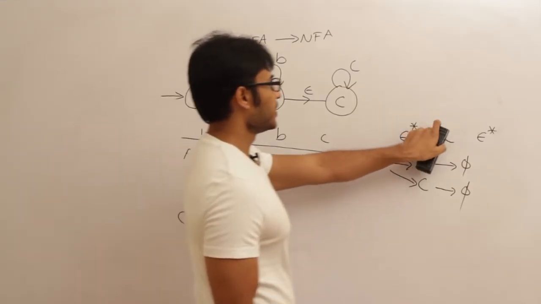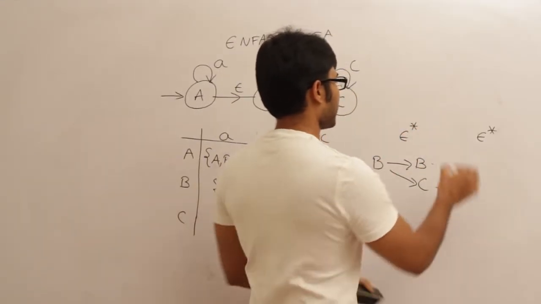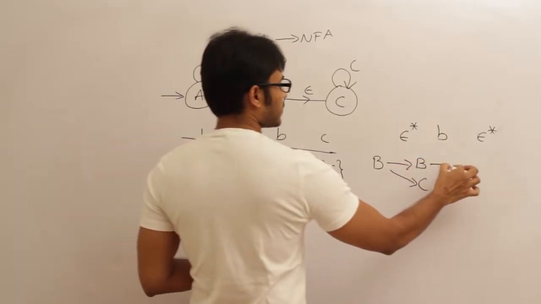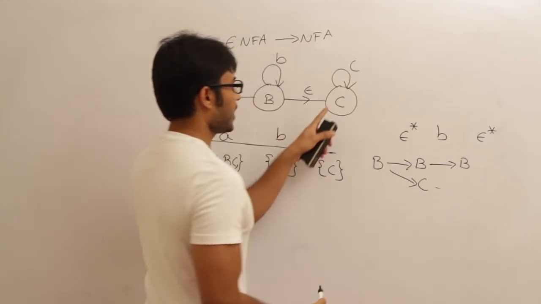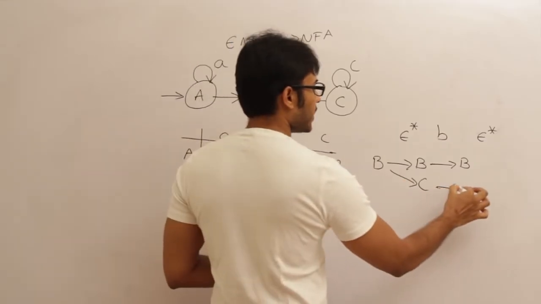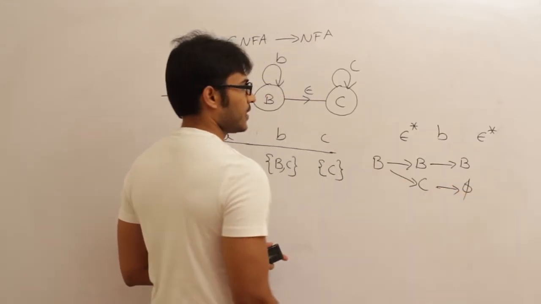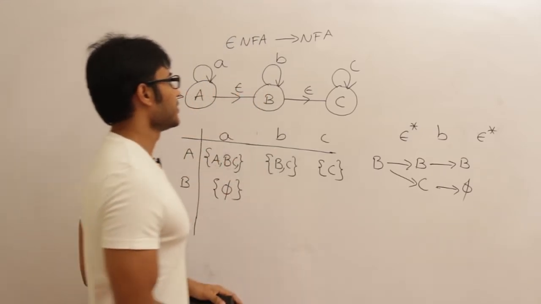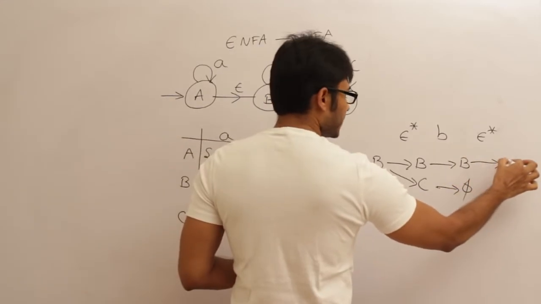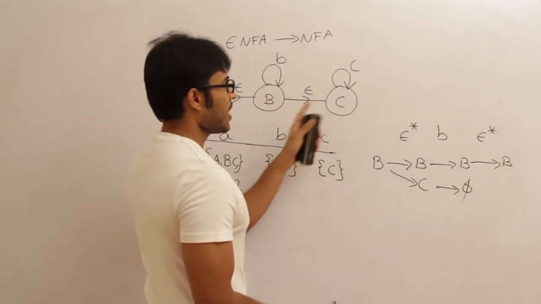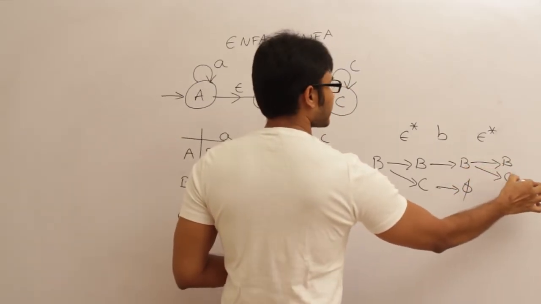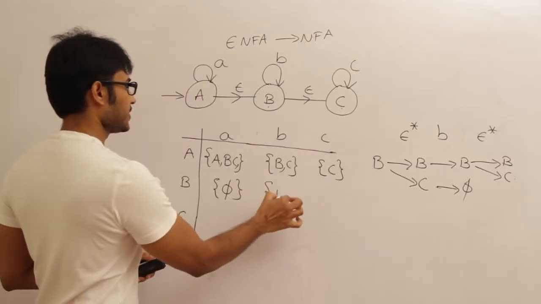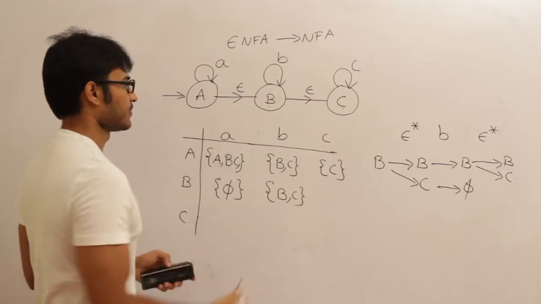Now capital B on b. Capital B on b is going to be capital B, and capital C on b is going to die, phi. And what about the epsilon closure of capital B? It contains B as well as C. Therefore I am going to write it as B, C.